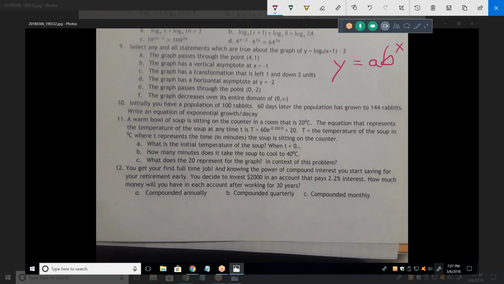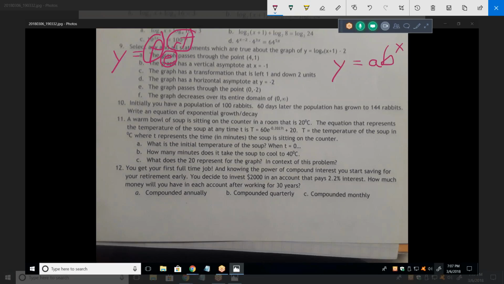I suppose this is the one they want you to use. I'm not sure exactly why they wouldn't want you to use this one. I guess A is P and B is e and X is rt.